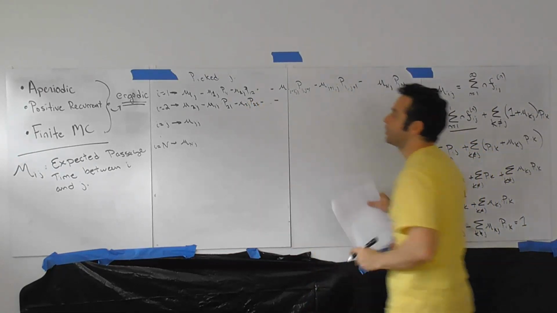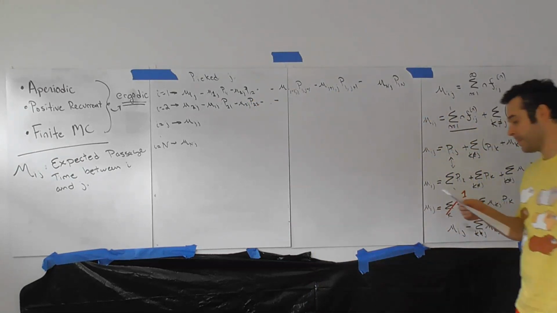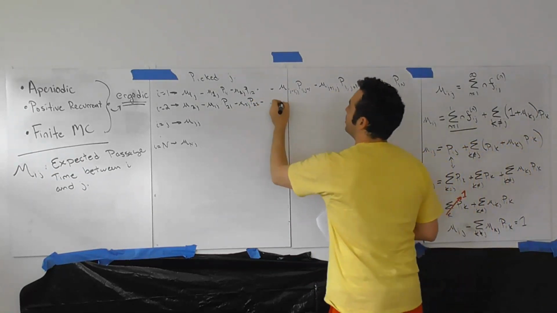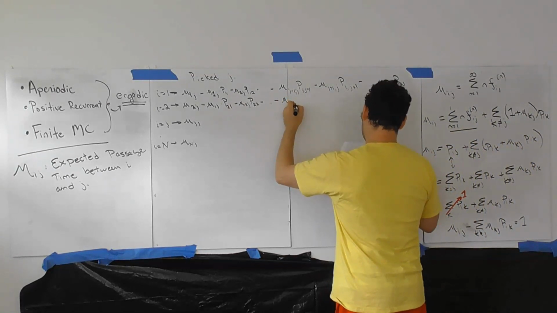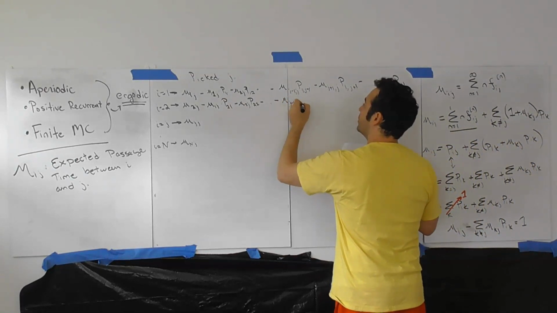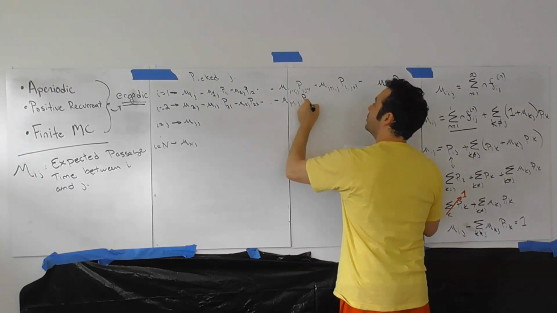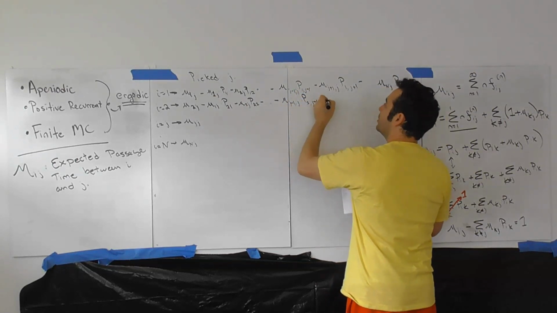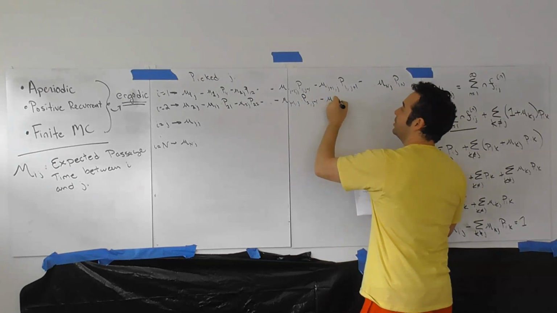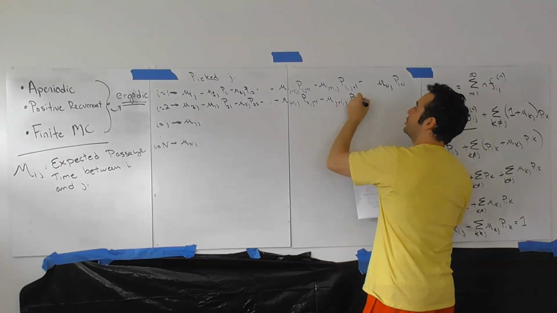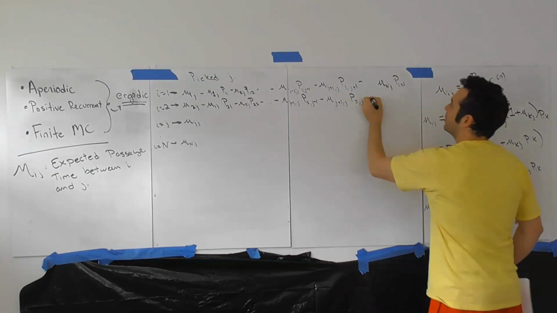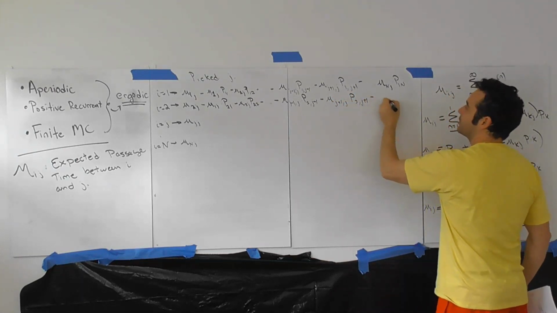And again, we're going to repeat this whole thing all the way to mu j minus 1 to j times p2 to j minus 1. We have mu j plus 1 to j times p2 to j plus 1. We subtract a whole bunch of stuff.